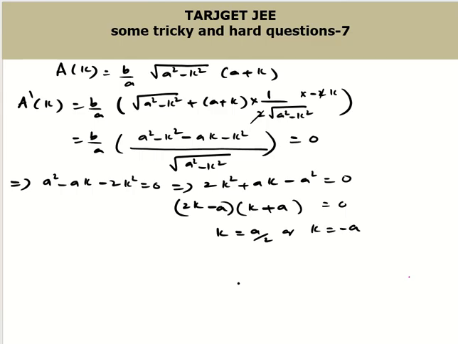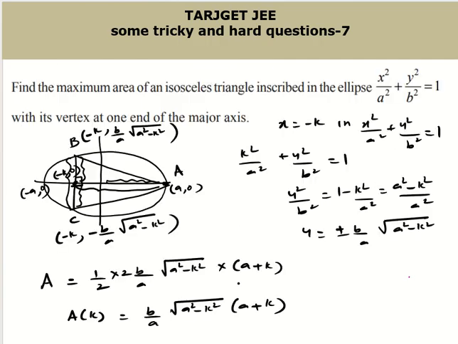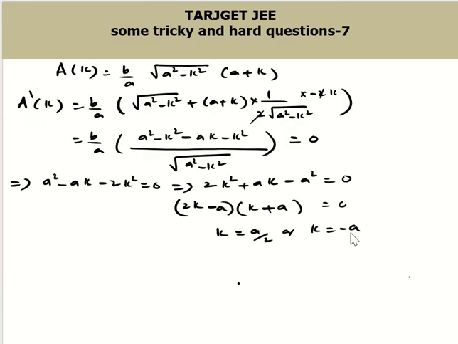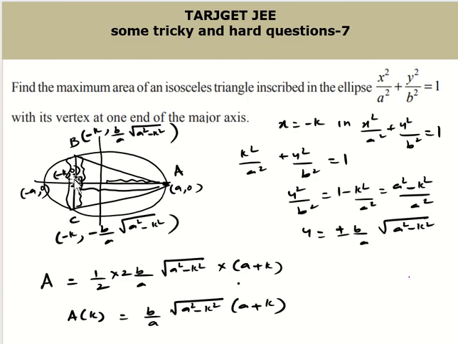If k is equal to minus a, this point minus k will become a. This point will become a comma 0.